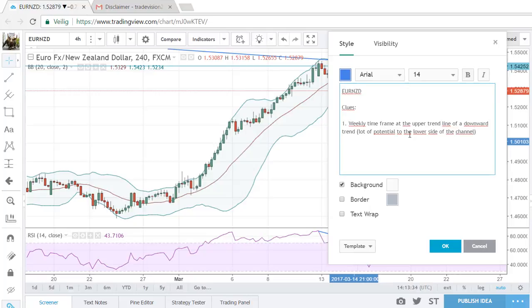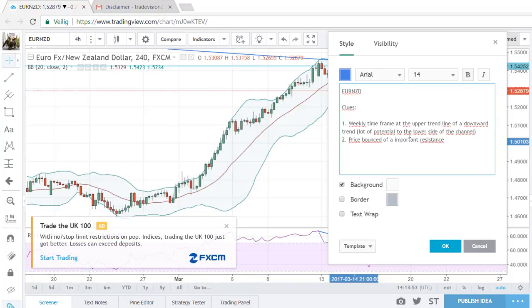That's the first clue. The second clue we saw was that price bounced off an important resistance. It's the second clue.